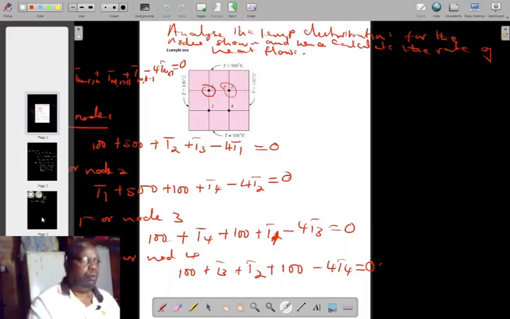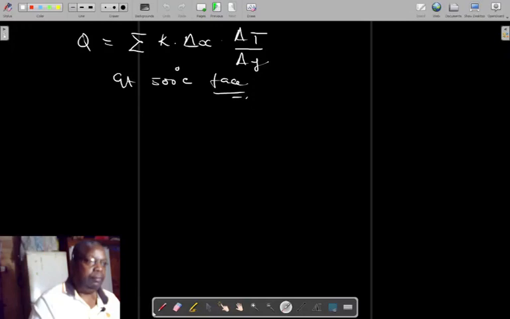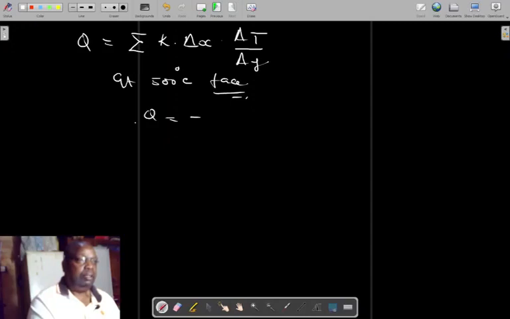So the heat flow there will be Q is equal to minus, note that for this case we are moving in the Y direction, from node 1 to the face and node 2 to the face, which is a vertical motion.